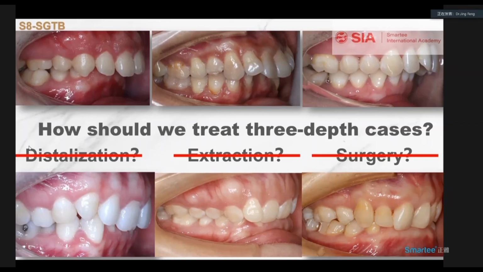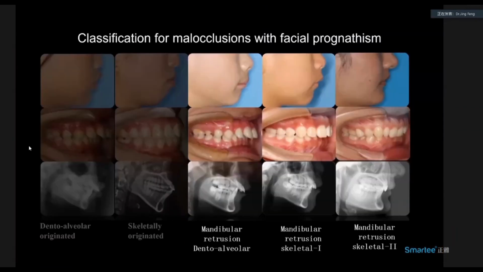And say it again, for the 3 highlighted categories, we have the common things, 3 depths and class 2 molar relationship. For this kind of case, we can use the S8 SGTB to move the mandible forward.